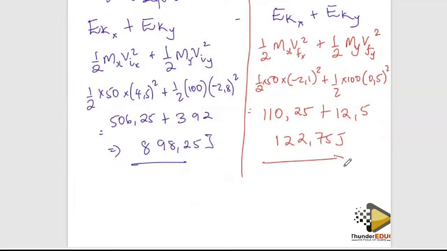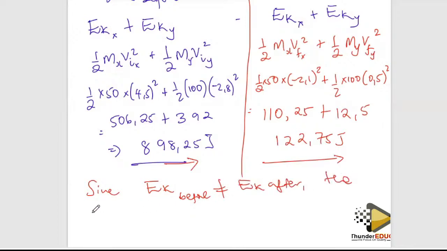Now, since the EK after is not the same as the EK before, okay, so it's saying EK before is not the same as the EK after, then the collision is inelastic. Okay, the collision becomes inelastic.